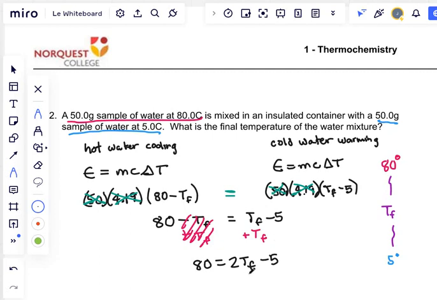Now that I have all my TFs on the right, I'd like to get them alone, so get rid of that negative 5. The opposite of a negative 5 is a plus 5. These cancel. 2TF equals 85. Divide by 2. Final temperature is 42.5 degrees.